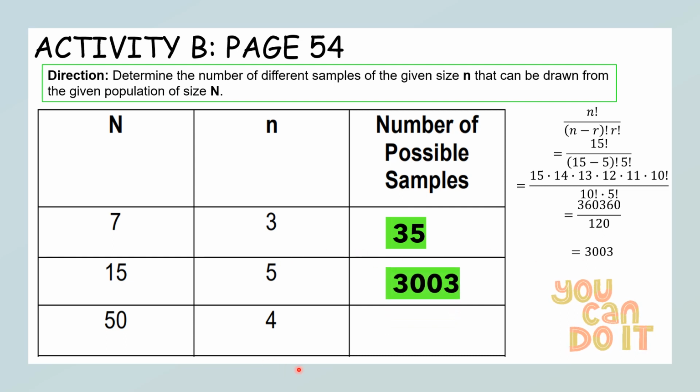And for our third example, which has a population of 50 and sample of 4, I will give you a chance to try to answer example number 3, and your answer should be 230,300 number of possible samples.